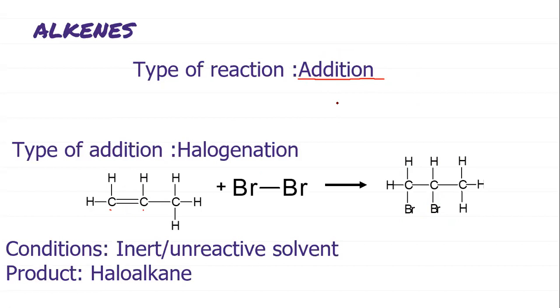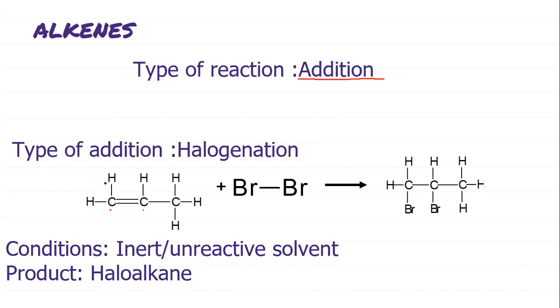Again, what tells you that you have definitely done addition? Remember, there was no bromine atom there. There was no bromine atom on that other carbon. But now there is a bromine atom and there is a bromine atom. So you have added those bromine atoms.